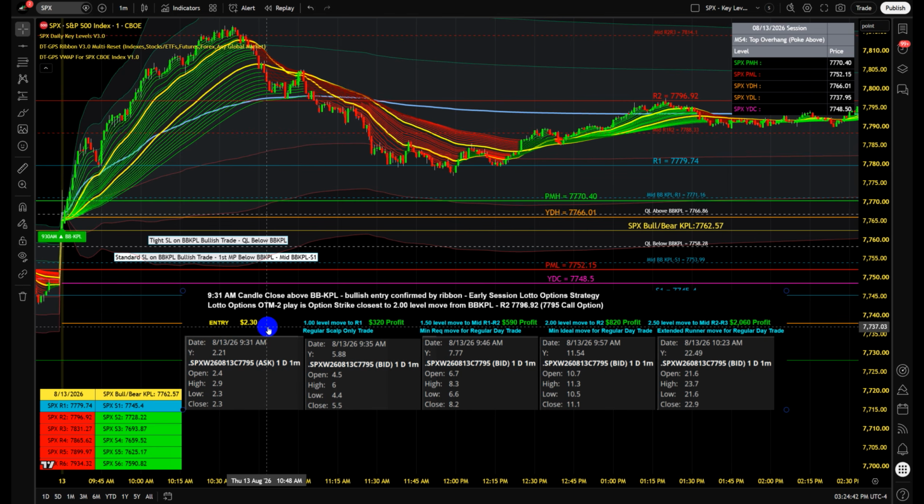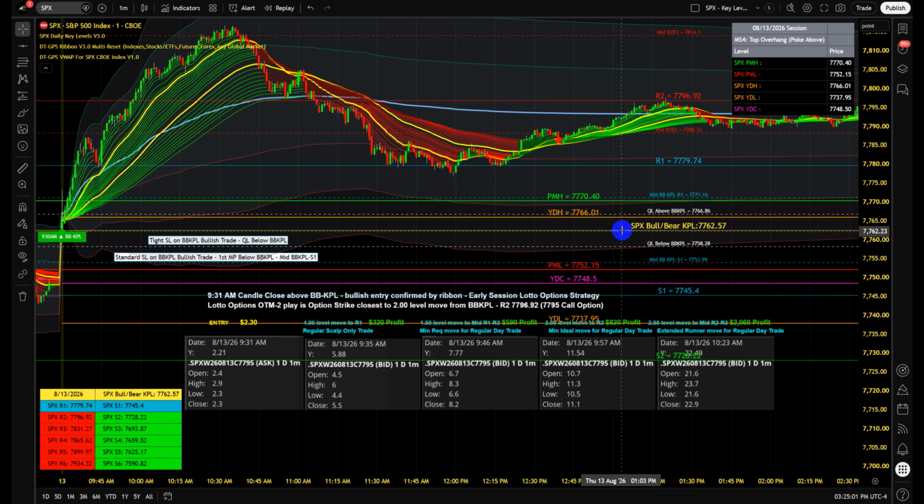You generally don't want to consider that as a viable alternative if the option costs, say, more than $5. So that would be for something under $5, ideally something more in the $2 to $3 range, such as we have here. Or just utilizing the standard stop losses here, tight or standard, which is the same as the other strategy. So that's up to traders' preference, depending on how you would like to utilize it.